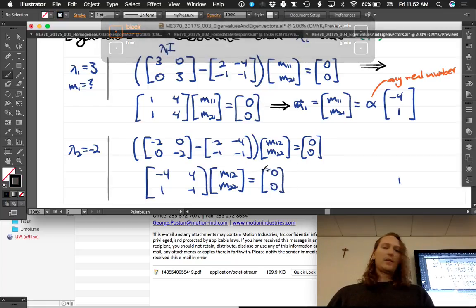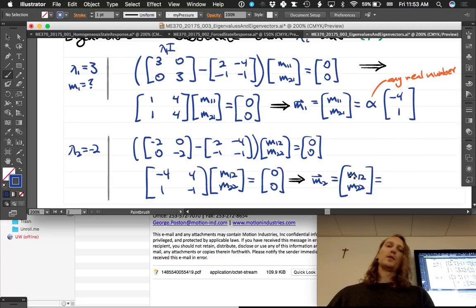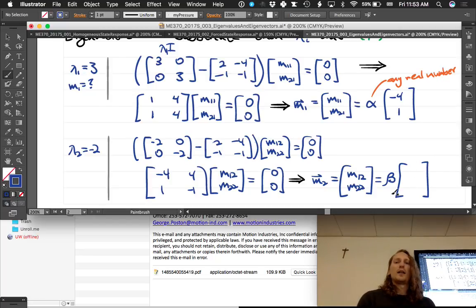Okay, so now we've got to solve for M2, so I'll get rid of that. So M2 is equal to M12, M22, and the values are going to be some scaling factor. We know it's always going to be some scaling factor multiplied by, we just need to find one that works, right?